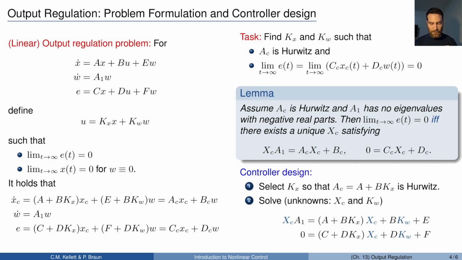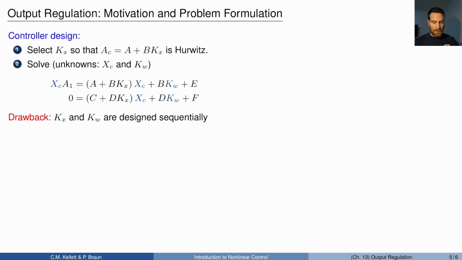And then we can solve these linear matrix equations in the unknowns XC and KW to find XC and KW, which then defines the overall controller. So that's nice. That's giving us a clean solution in terms of solvability of the output regulation problem.